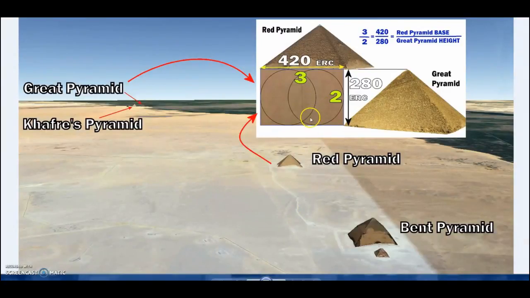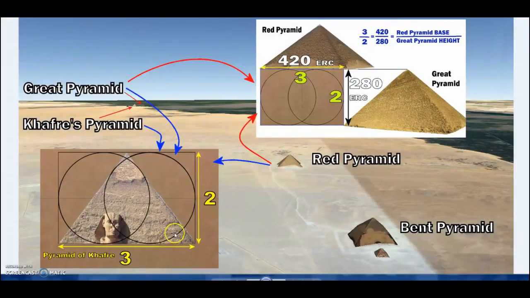But what do we have? Firstly, the Red Pyramid: the height of the Great Pyramid in relation to the base of the Red Pyramid is at this 3 to 2 ratio. The 3 to 2 ratio also gives us the height to base of Khafre's pyramid as well.